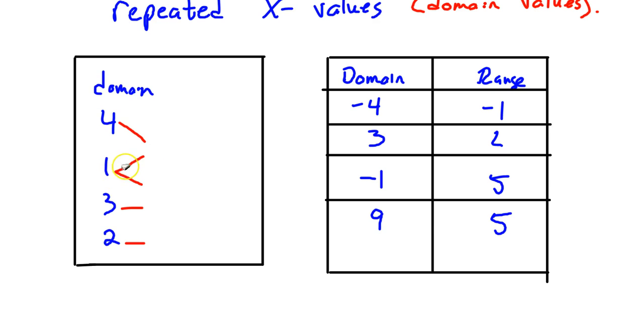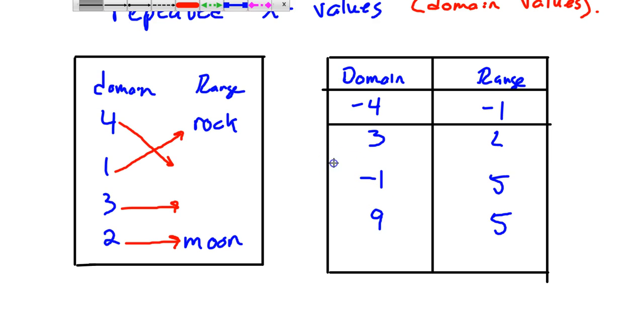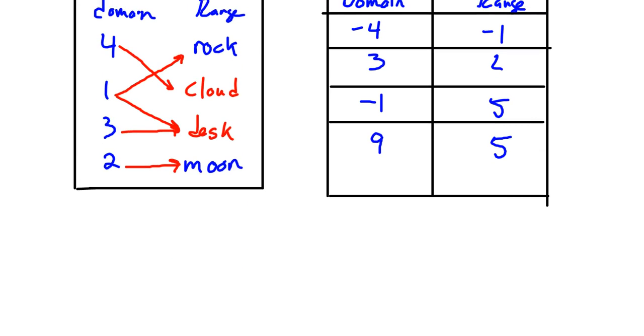Right here, you got 1 going 2 different directions, right? It could be this or it could be this thing. So if you ever see it where it's got more than 1 arrow drawn away, and if you think about it in ordered pair form, this one would not be a function.